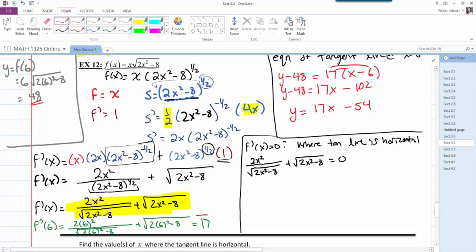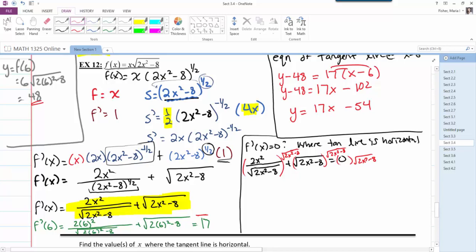Well, one of the things that we could do is we could multiply everything by the denominator to clear the fraction, which means I'm going to be multiplying everything by the square root of 2x squared minus 8, multiplying this by the square root of 2x squared minus 8, and then multiplying 0 by the square root of 2x squared minus 8.